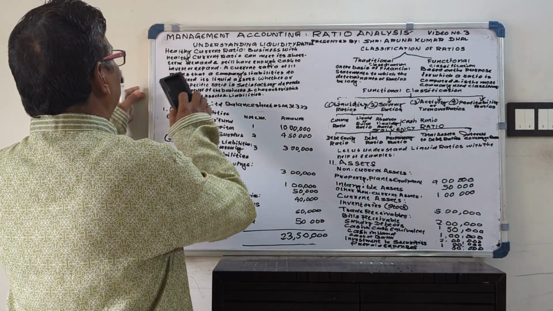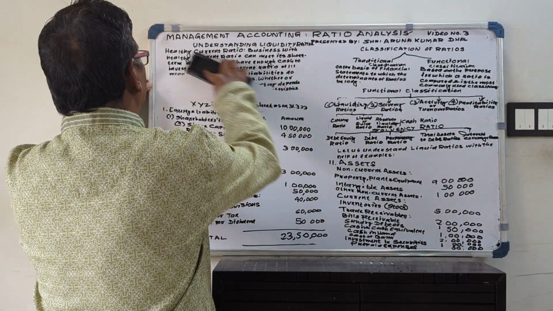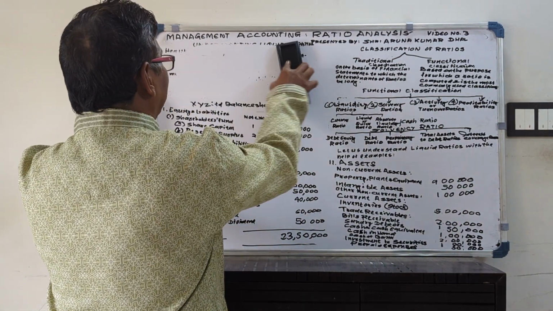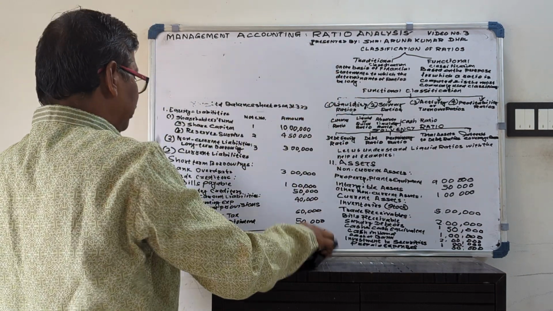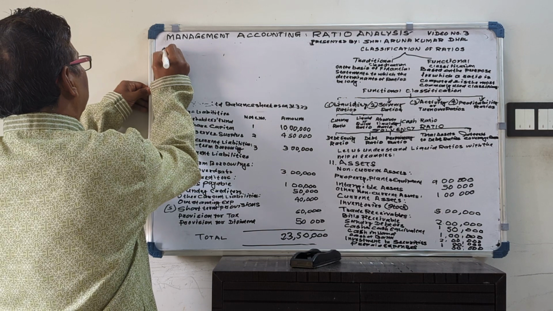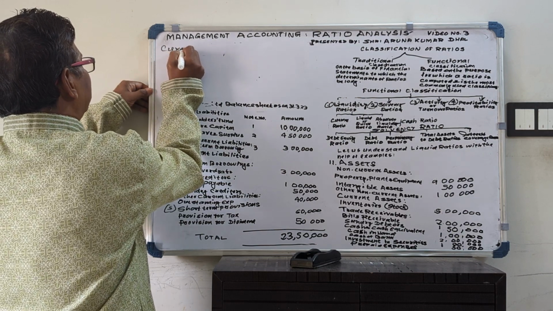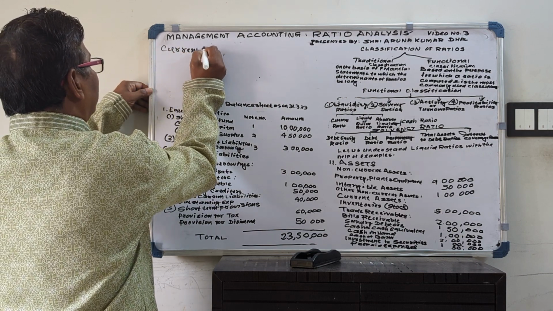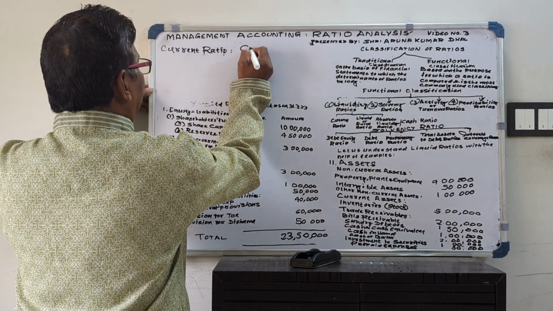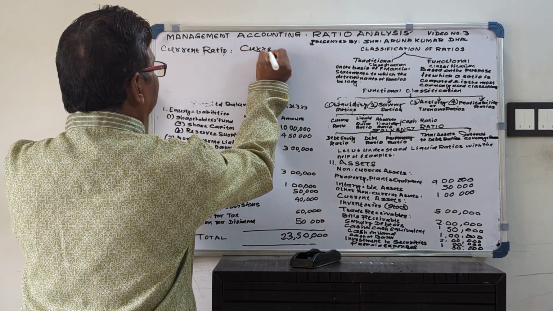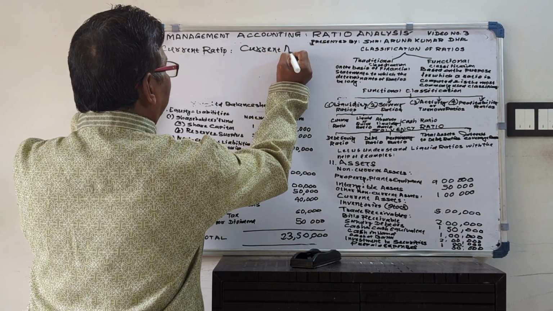For current ratio, the formula is current assets by current liabilities.